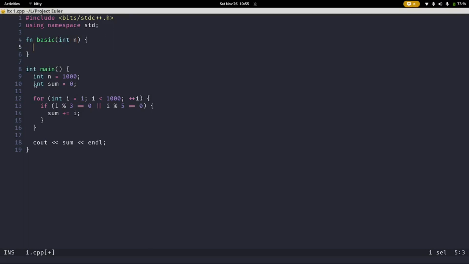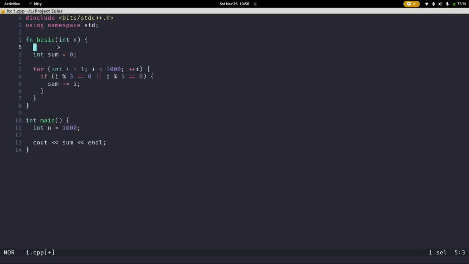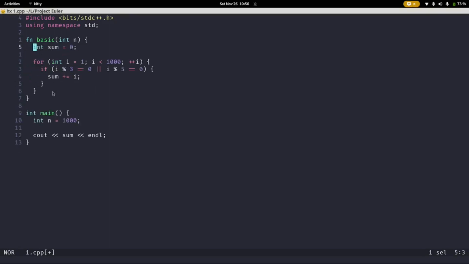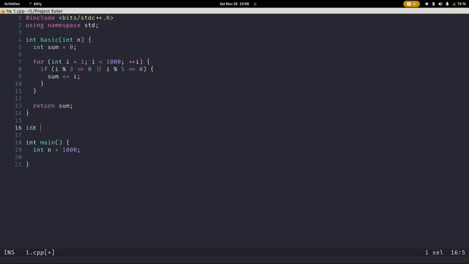Now let's write another function which saves some cycles, which doesn't iterate through all the numbers.